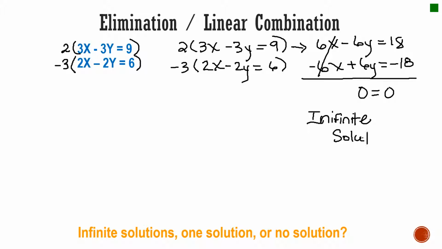Infinite solutions because I ended up with a true statement. 0 does equal 0. So when that happens, it's not no solution. That's very tricky. It's infinite solutions because it's a true statement.